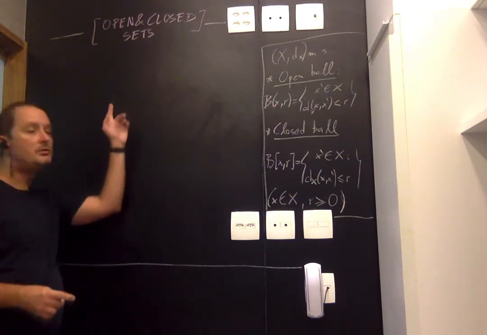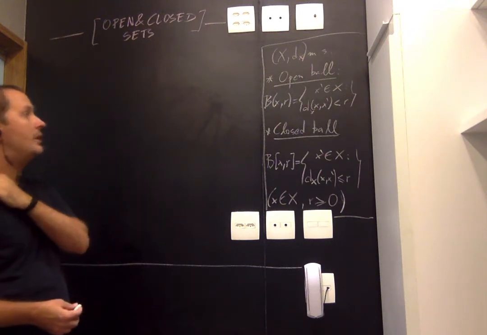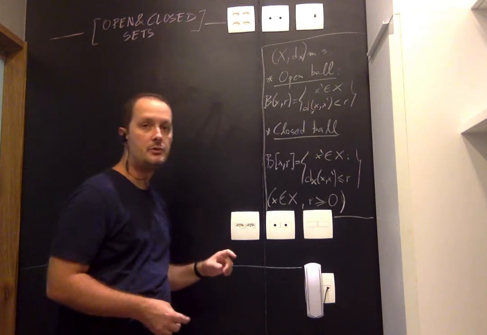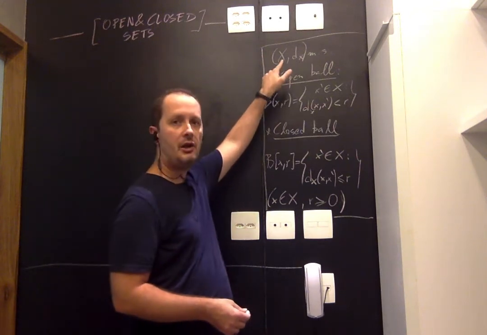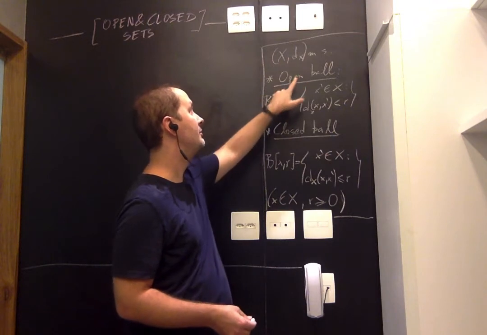Pretty soon we'll be defining open and closed sets. Before I do that, I need to define open and closed balls. Here I have a metric space. X is a set, d sub X is a metric.